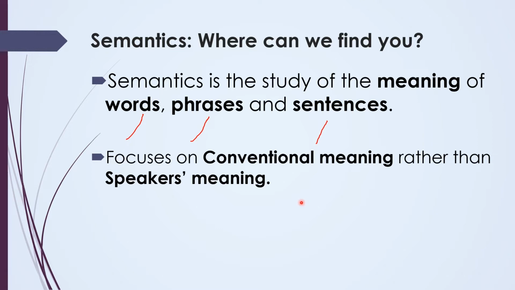Whenever you want to find a meaning, you go to the dictionary and find it, and the meaning it produces at the top is referred to as conventional meaning. In other words, we can say world knowledge. Everywhere you go, you have this one particular meaning. So that's what we refer to as conventional meaning, the regular meaning.